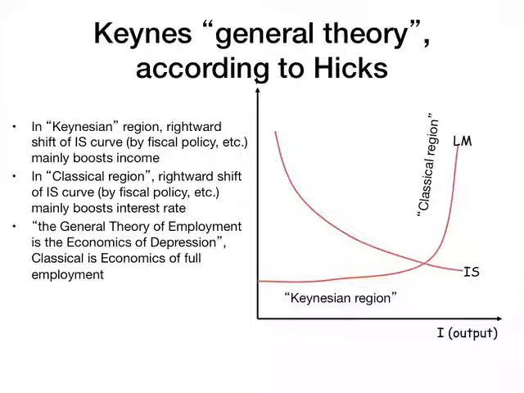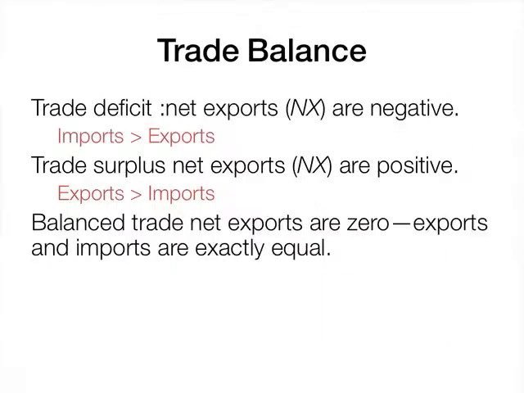So what we need to do is introduce a trade balance into this system. And so here's how you do it. Would everybody please just write down the first one there? If you understand the first one, then the rest of it kind of falls out, right? There's a thing called the trade balance. And essentially it says when you trade with the rest of the world, either you're in a deficit or a surplus.